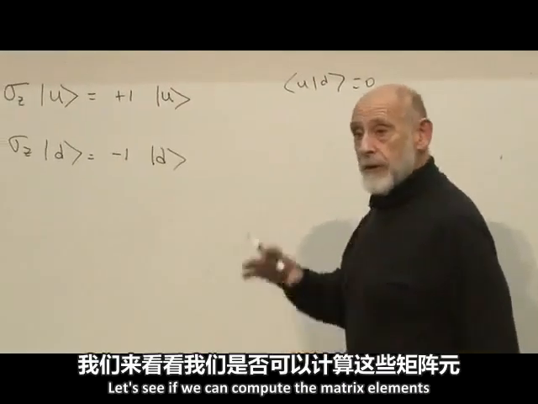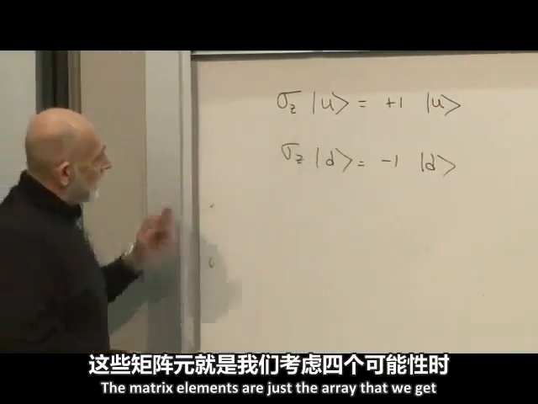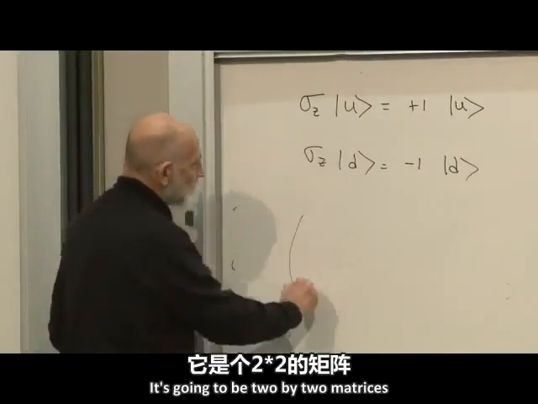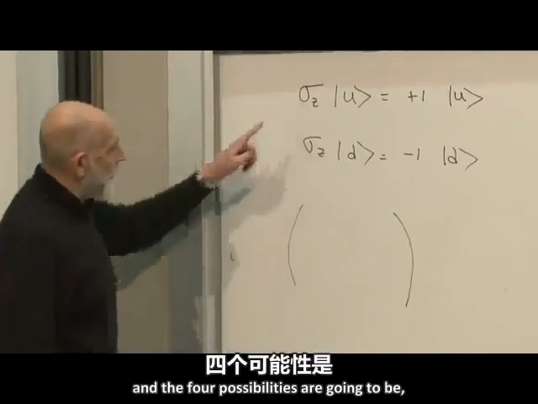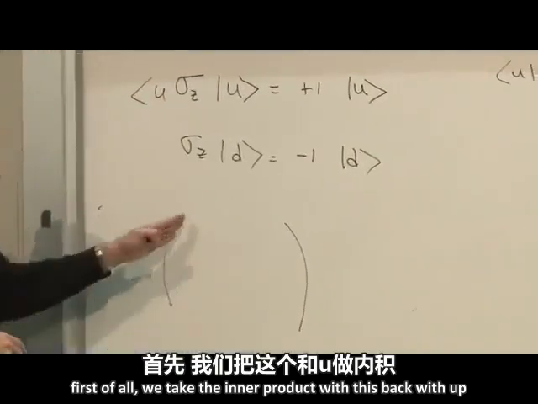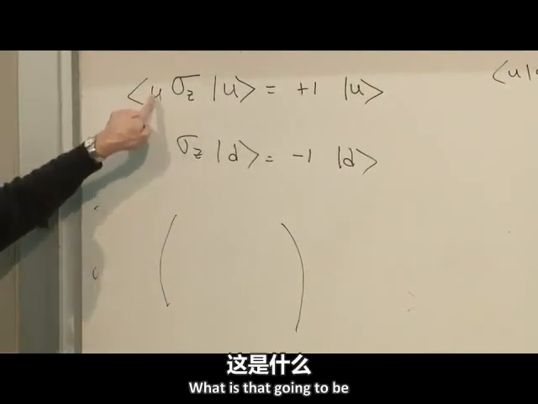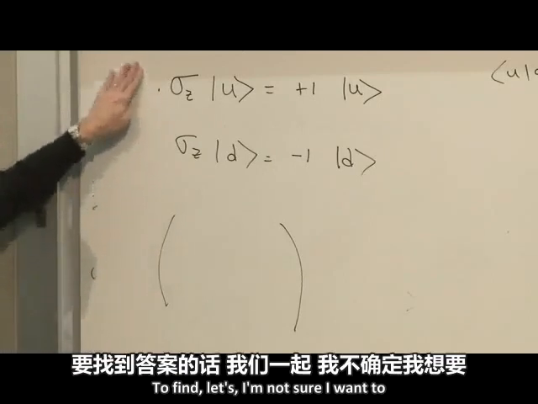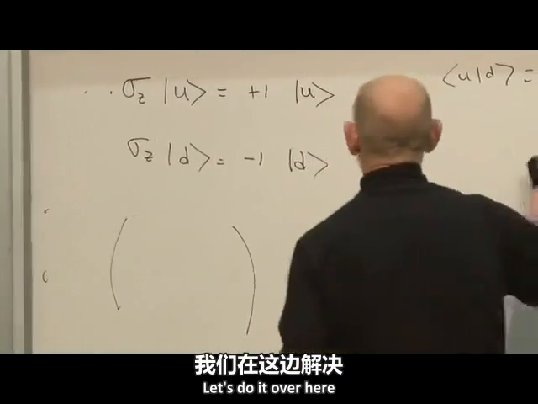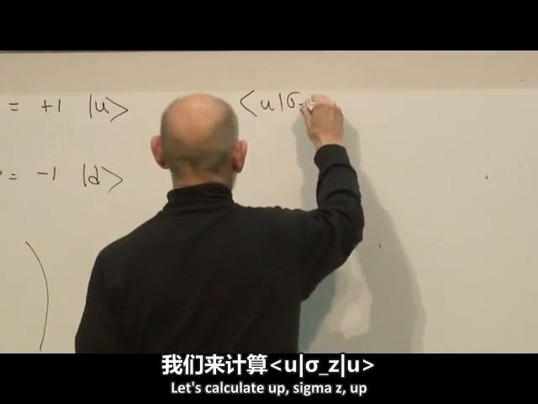Let's see if we can compute the matrix elements. The matrix elements are just the array that we get when we consider the four possibilities. They're going to be 2 by 2 matrices. First, we take the inner product of this bra with up. That'll be the up-up matrix element, or the 1-1 matrix element. What is that going to be? Let's calculate up, sigma z up.